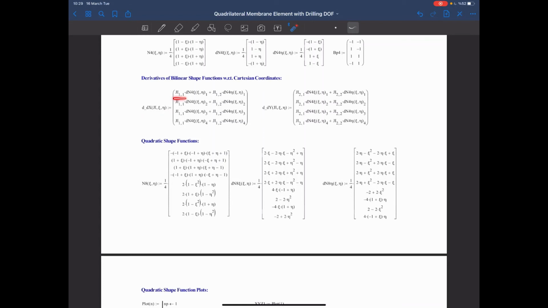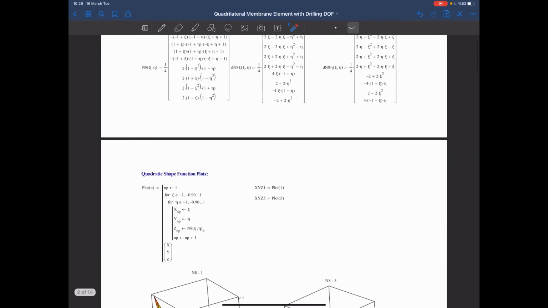Now this is Jacobian 1 1 multiplied by this one, and Jacobian 1 2 multiplied by this one. So with these matrices, I'm directly obtaining the derivatives with respect to x and with respect to y. Now in this element, we said that we are using the quadratic shape functions, but not all of it, just from 5 to 8, but I just write the whole quadratic shape functions here and their derivatives as follows.